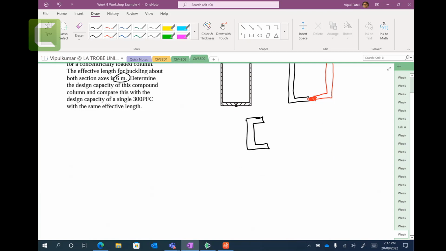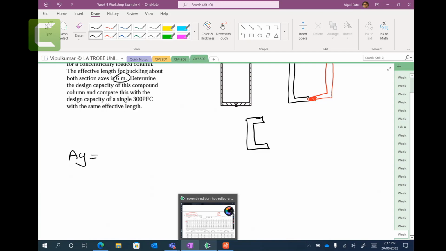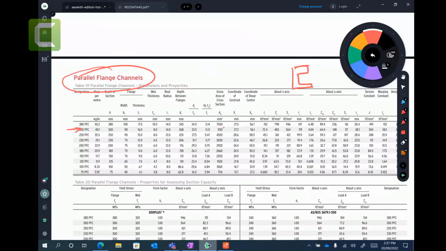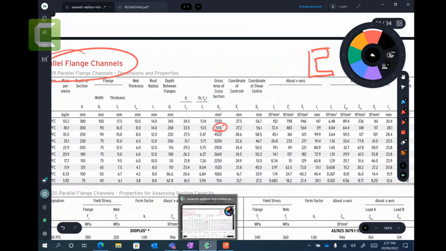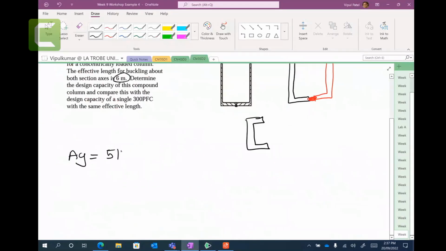We can take the gross area for this. We will have a gross area of 5110 millimeter square, but we have two. So gross area for two would be 10220 millimeter square.